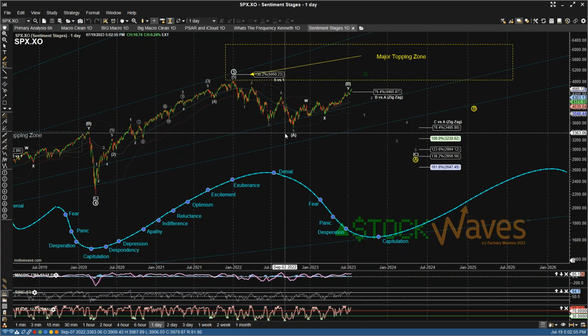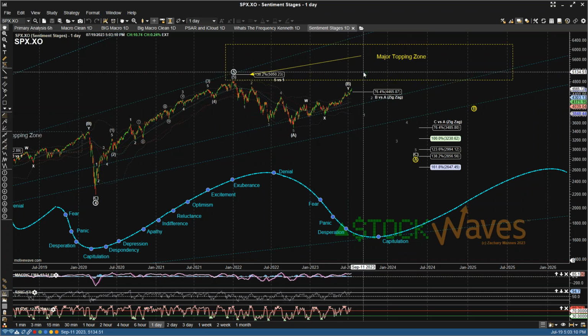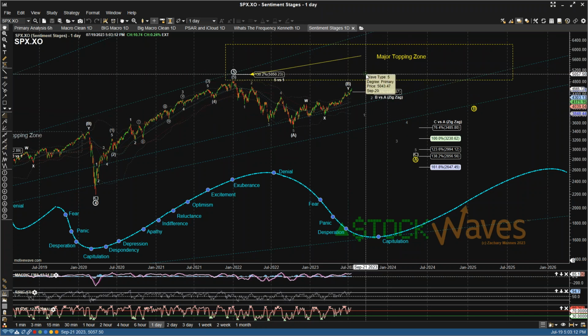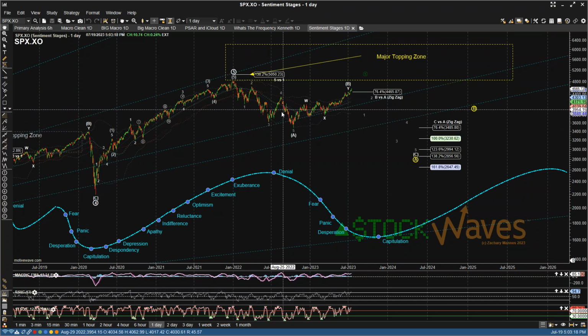But as we've spoken about, since October, really since we failed to hold this low back here in August 2022, the potential to get one more high as a parentheses wave 5 of the big circle wave 5 off of our March 2020 low really significantly had a blow to it when it couldn't hold this low right here.